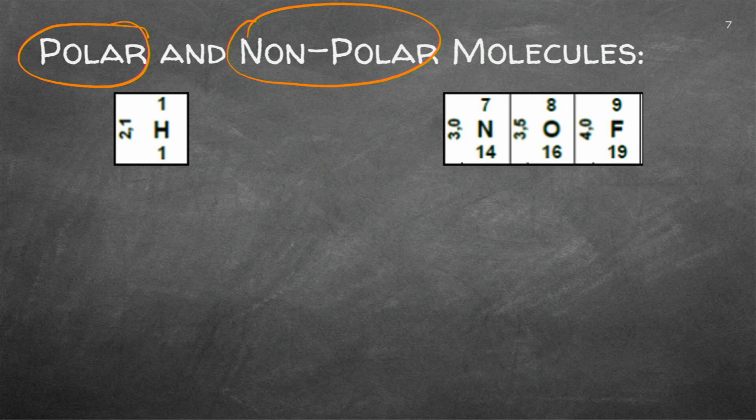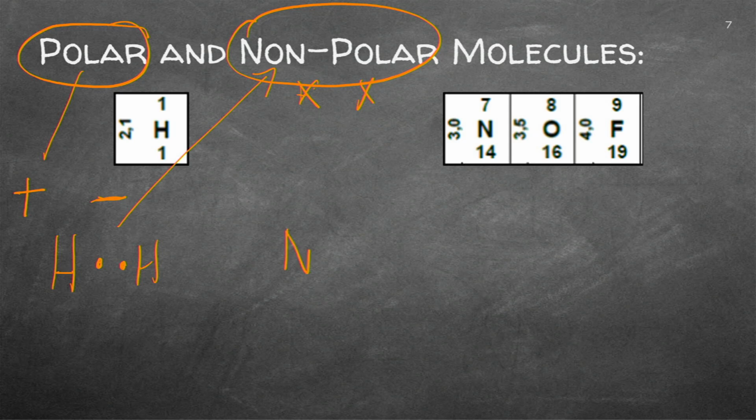Now, polar means it's not the North Pole and the South Pole, but it's a positive pole or a negative pole. Non-polar means it's not positive or negative. Now, there's a few things that we need to know. If it's a hydrogen and another hydrogen, we know it's non-polar.